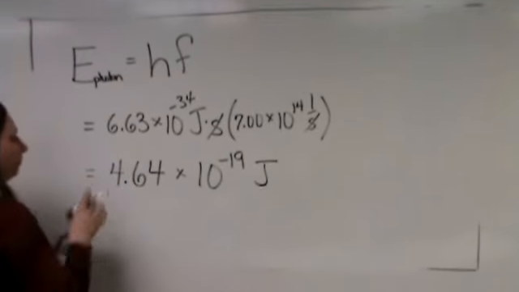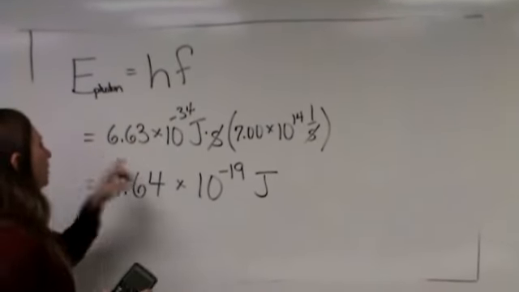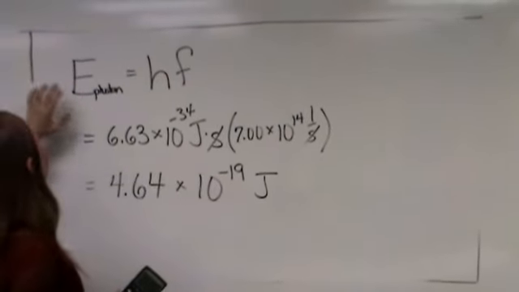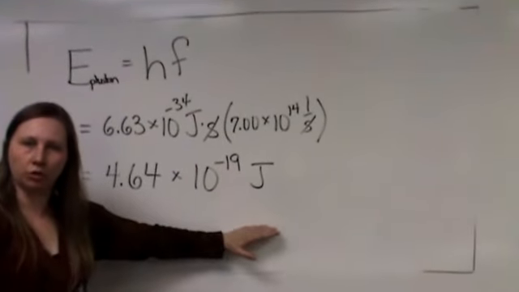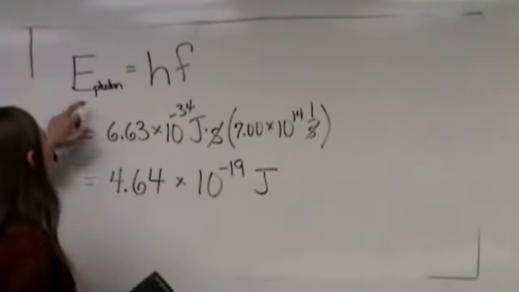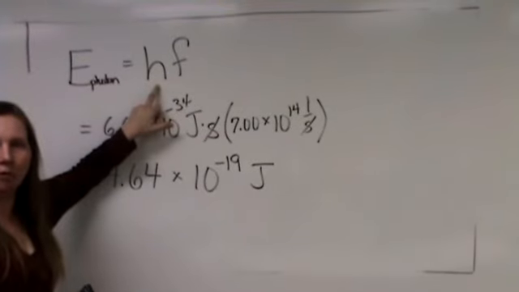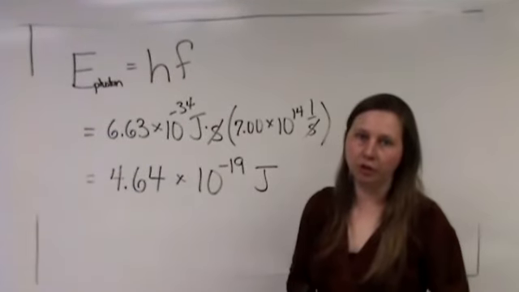All right, now, one important thing about this equation. Since Planck's constant is in joules, the energy that we get from this equation will always be in joules. And you can only put joules into this equation when you use this version of Planck's constant, which is the only version that we use in Regents Physics.